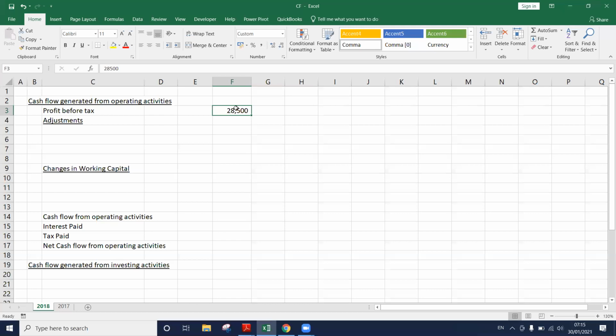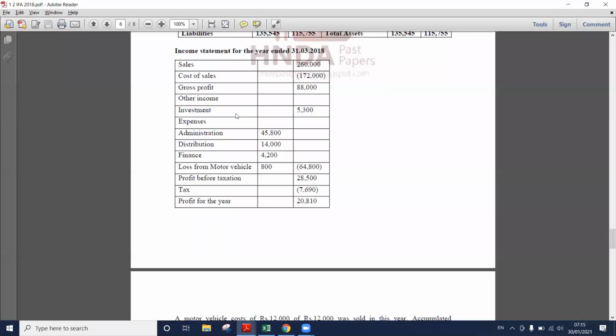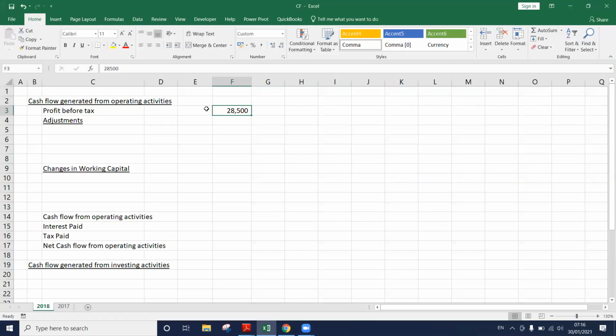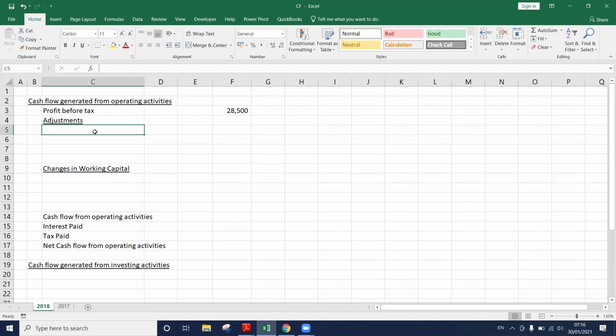It means it is inside this. But the issue is that it is an investment income, an income we have generated from investing activities, not from operating activities. So when calculating the operating cash flows, it cannot be inside this. Therefore we need to adjust that investment income.